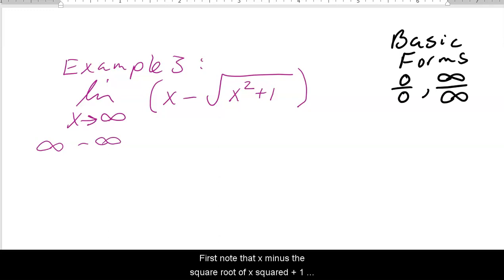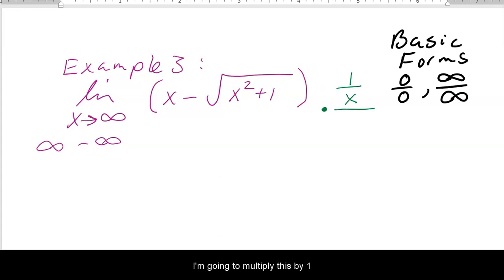First, note that x minus the square root of x squared plus 1 is not a fraction. One of the easiest things to do to convert something that is the difference of two terms into a fraction is to multiply it by a form of 1. In this case, I'm going to multiply it by 1 over x over 1 over x.